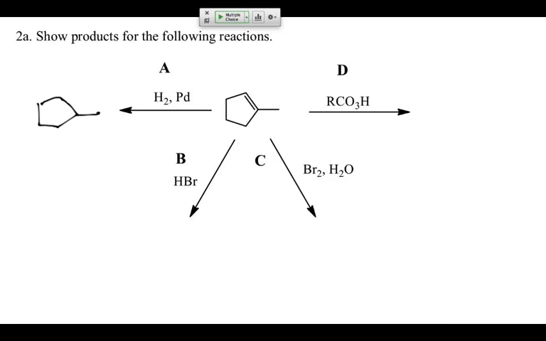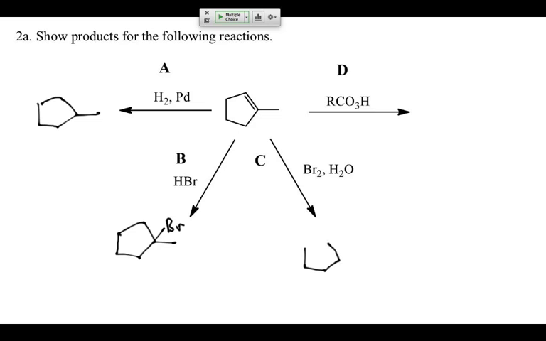Again, Markovnikov type HBr addition, so it gives you a product like this. C, bromine now in the presence of water. You get the bromonium ion, which gets opened up from the backside with water, so it gives you the bromohydrin.